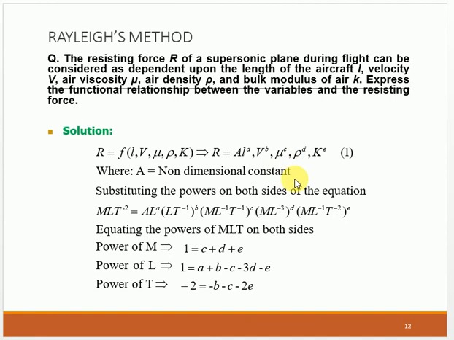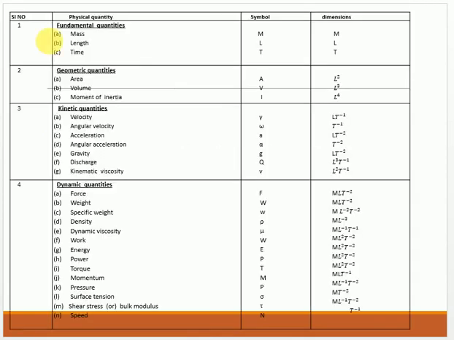parameters. So substituting the dimensions on both sides of the equation. We know that resisting force is a force, and force is a derived quantity, M L T power minus 2.